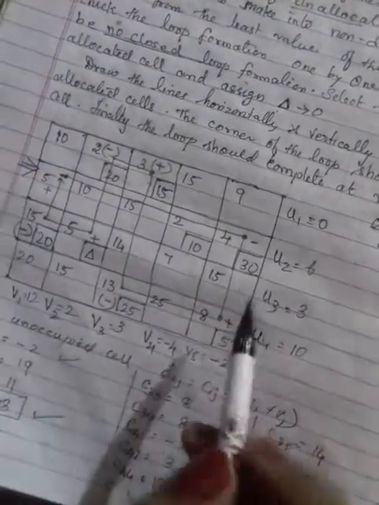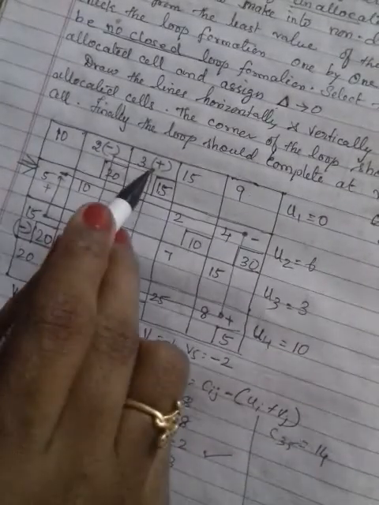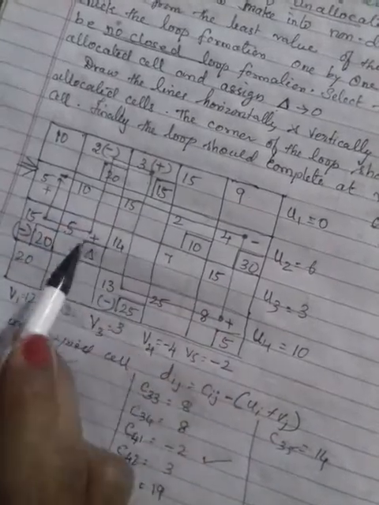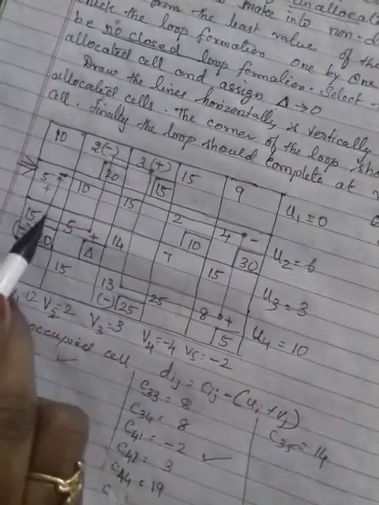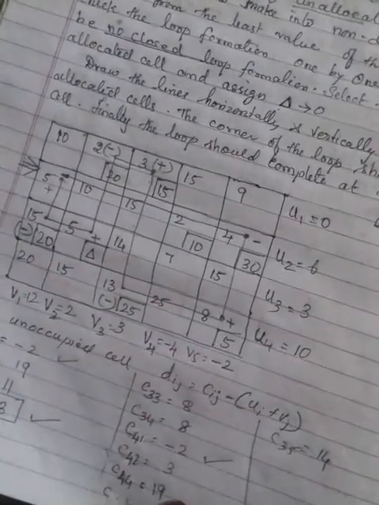Now check here. This is minus sign 30, this is minus sign 20, this is minus sign 25, and if you go here, this is minus sign 20, and if you bring it here, this is a plus sign, so you have to take only minus signs. Which is minimum? 20 is minimum, isn't it?